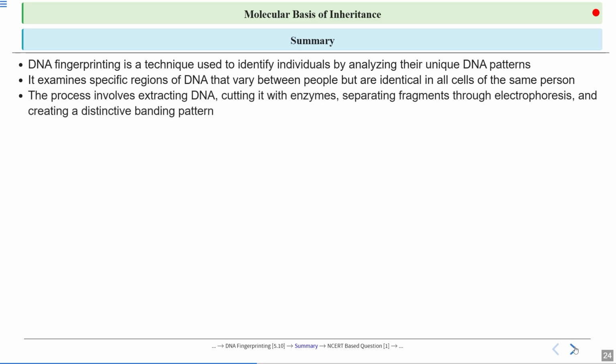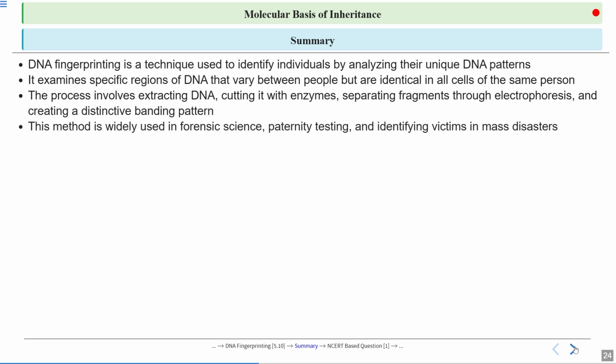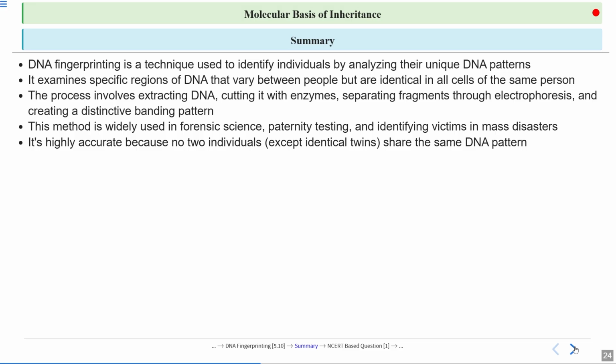The process involves extracting DNA, cutting it with the endonuclease enzyme, then separating the fragments through electrophoresis, and then creating a distinct banding pattern. This method is widely used in forensic science, paternity testing, and identifying victims in mass disasters.